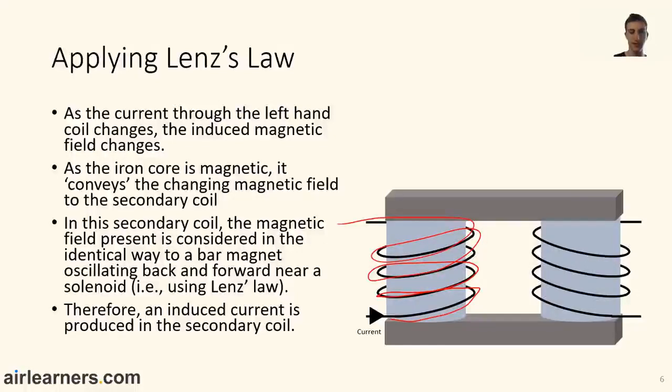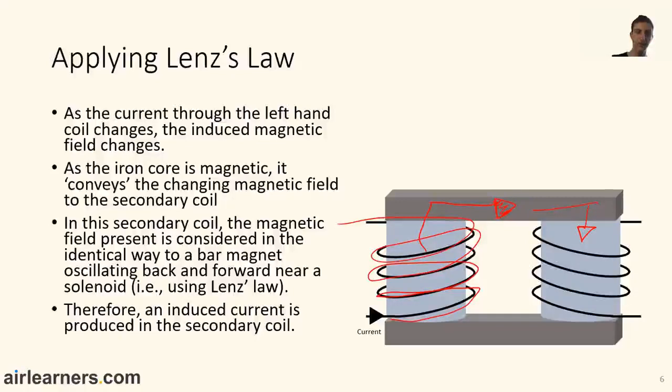That means that using our right-hand grip rule, we'll curl our fingers around that coil, and we find that our induced flux is going to be going up around this way. Now, that means that when it comes around to this second coil, we have an induced magnetic field that's increasing. For the sake of this, we'll say it's increasing.